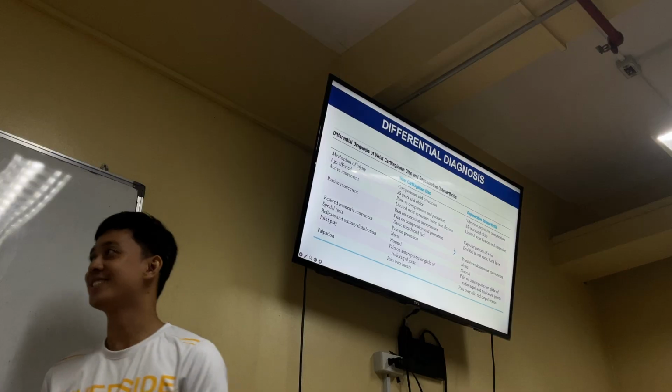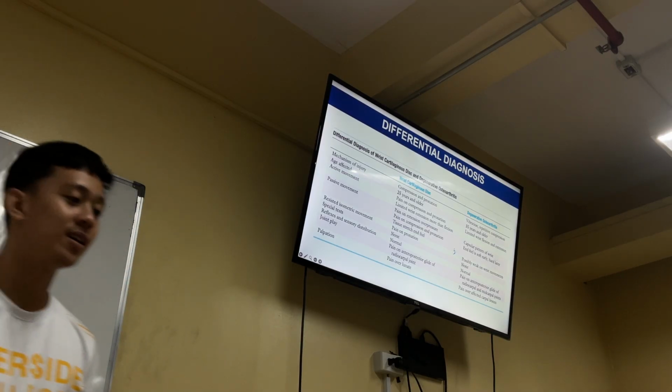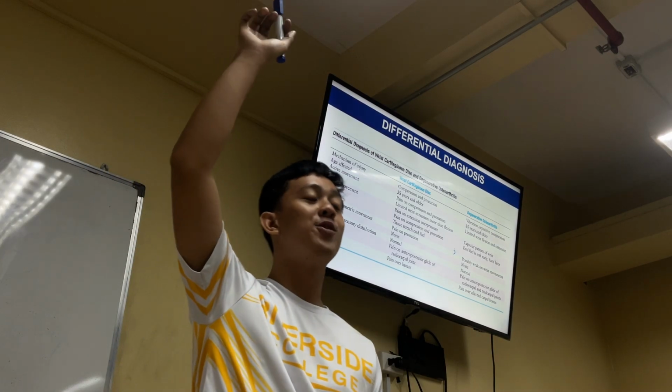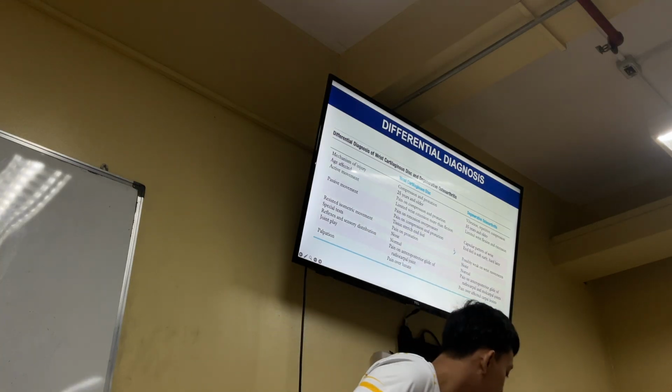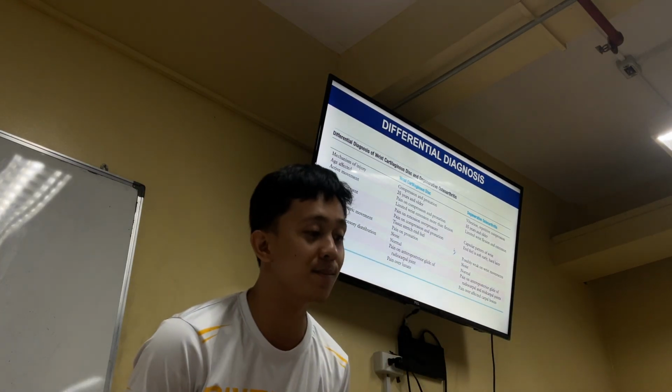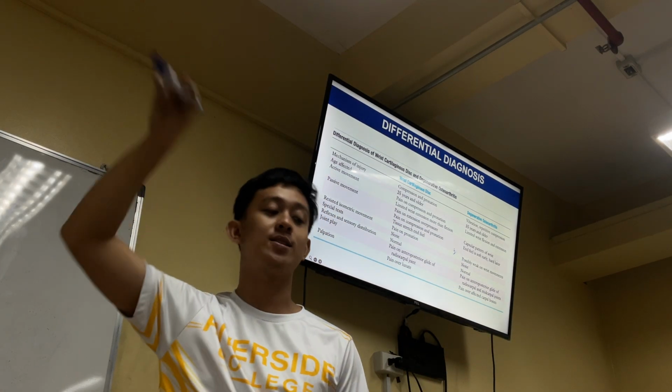Differential diagnosis. We're almost done. With the differential diagnosis, we have your wrist cartilaginous disc problem, at the same time degenerative osteoarthritis.